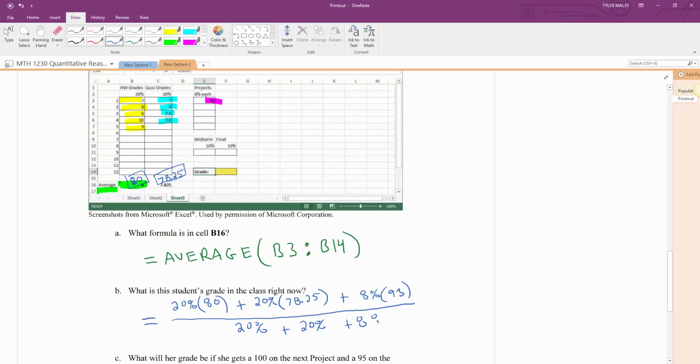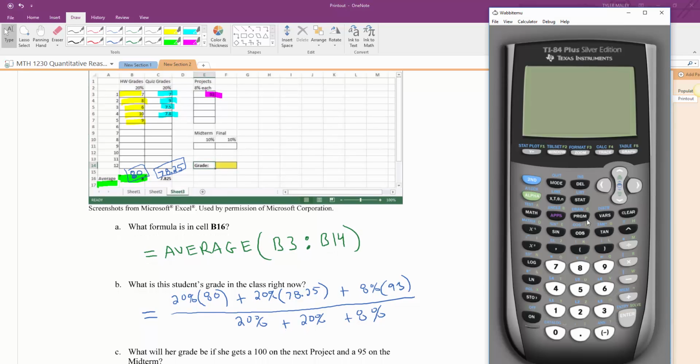So if we enter this in the calculator really quick, we'd have 0.2 times 80 plus 0.2 times 78.25 plus 0.08 times 93, and then 0.2 plus 0.2 plus 0.08.